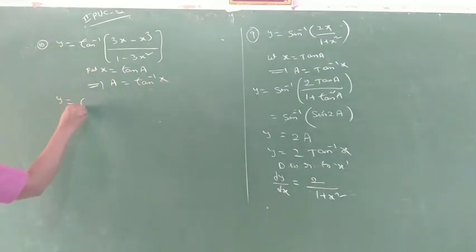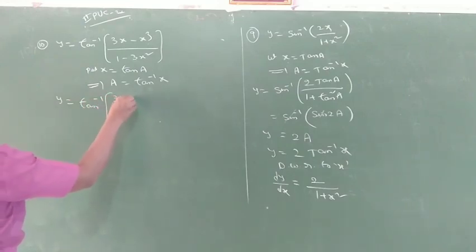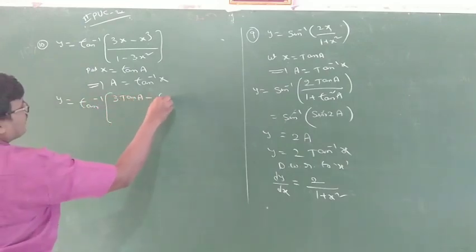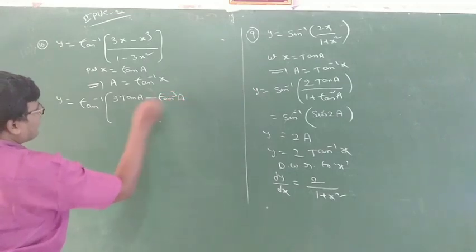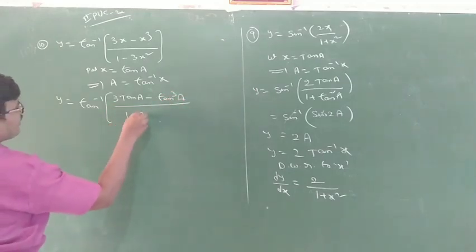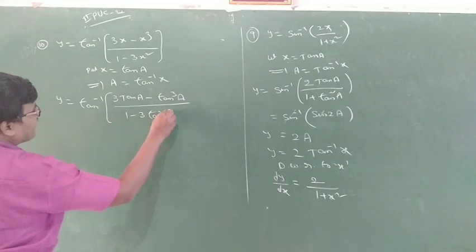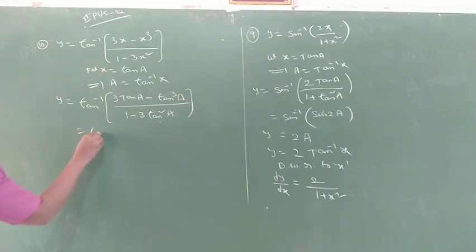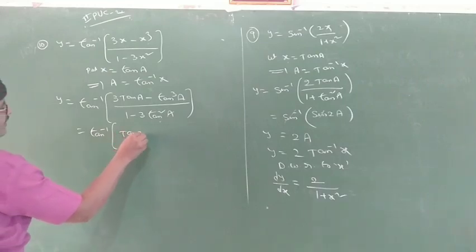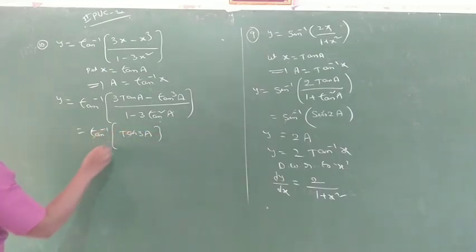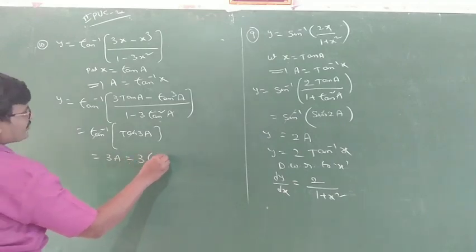So y is equal to tan inverse of 3 tan a minus tan cube a by 1 minus 3 tan square a, that is equal to tan inverse of tan 3a. Tan inverse and tan cancel, leaving 3a.